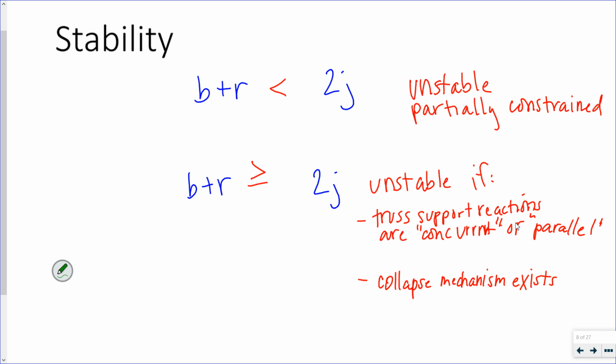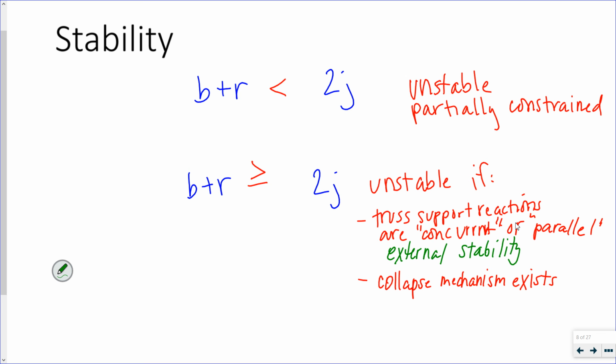Having your support reactions concurrent or parallel means that you have an external instability. That means it affects the entire structure as a whole.